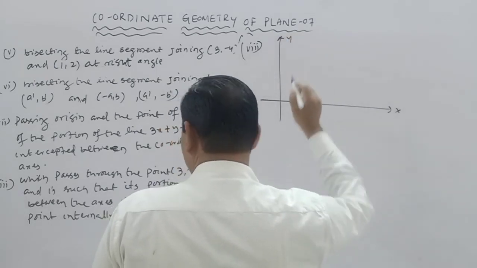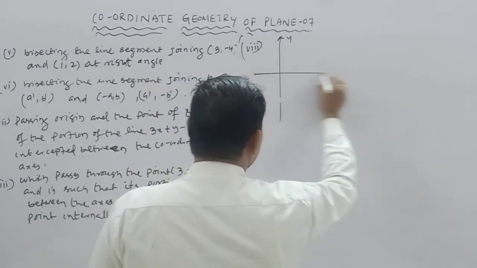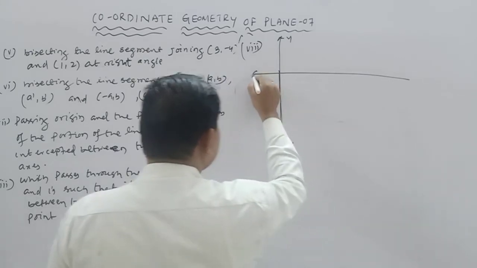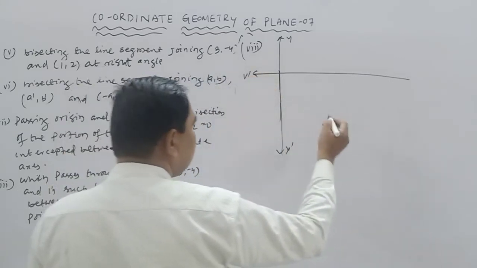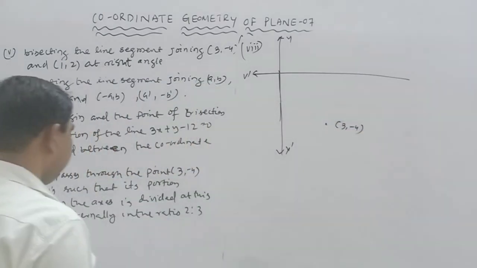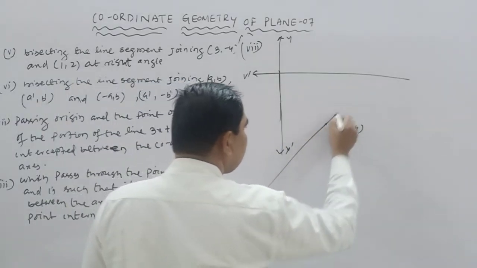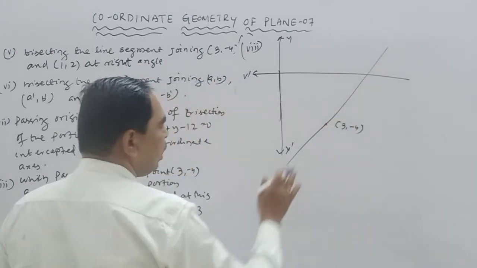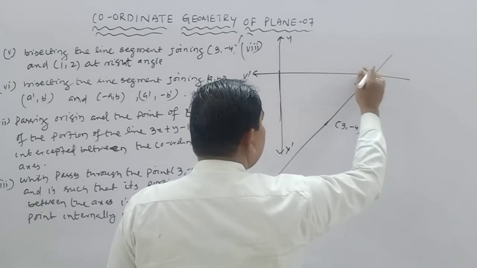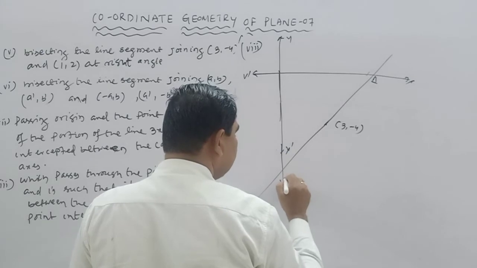Suppose (3, minus 4), meaning x is 3, y is minus 4. The line passes through this point and meets the x-axis at A and the y-axis at B.